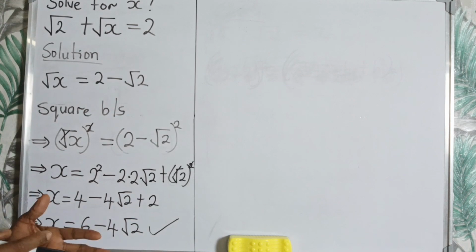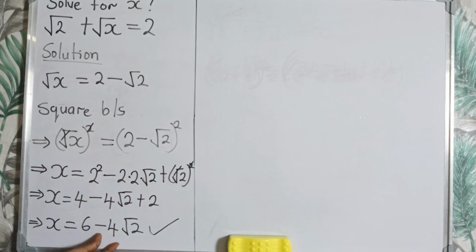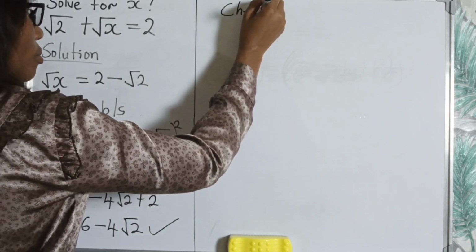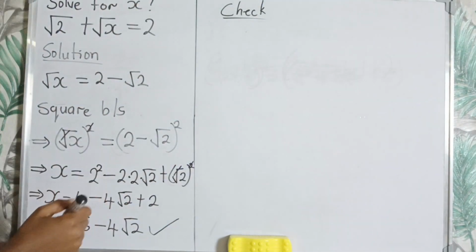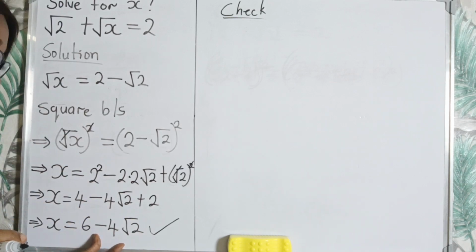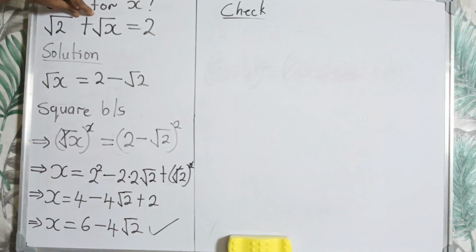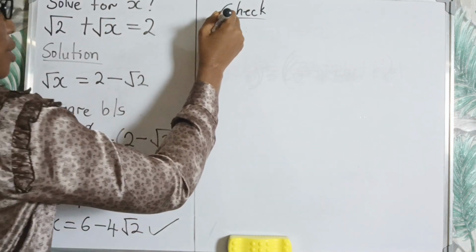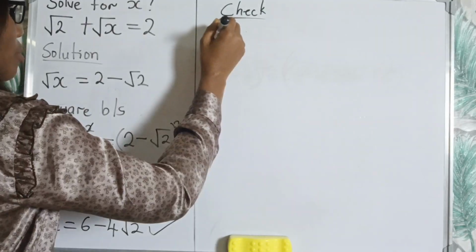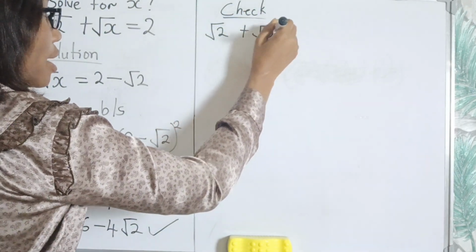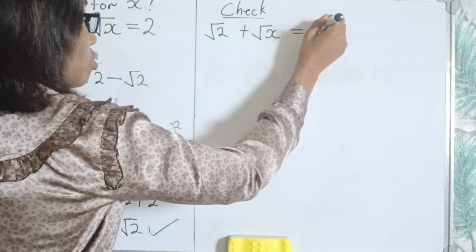Now, let's check to see if the value we got for x is correct. So over here, we are checking. So now, we are going to substitute the value for x into the equation to see if we are going to have 2. Now, the question we had was root 2 plus the square root of x, and this is equal to 2.